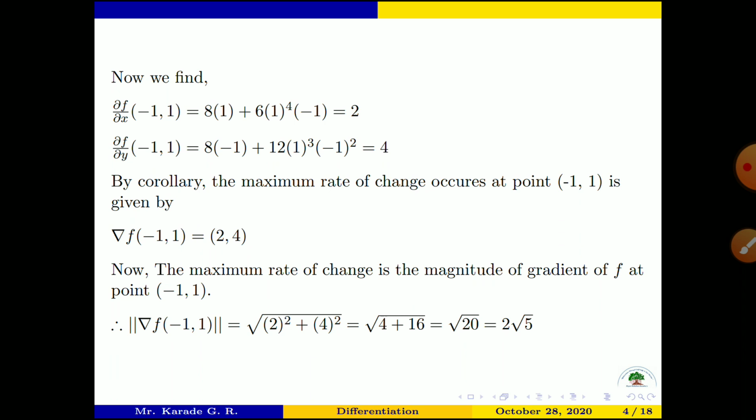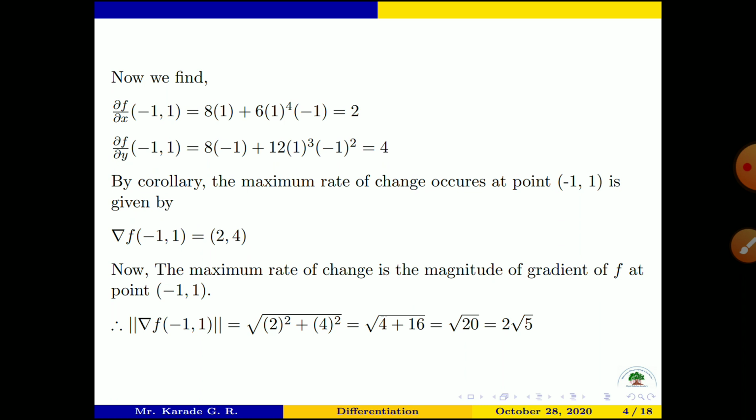It is equal to the square root of the addition of squares of its components. Its components are 2 and 4, so 2 square plus 4 square, and their addition is equal to the square root of 4 plus 16, which is the square root of 20, and the square root of 20 is nothing but 2 root 5.